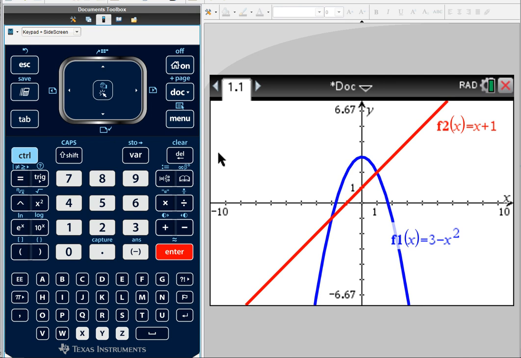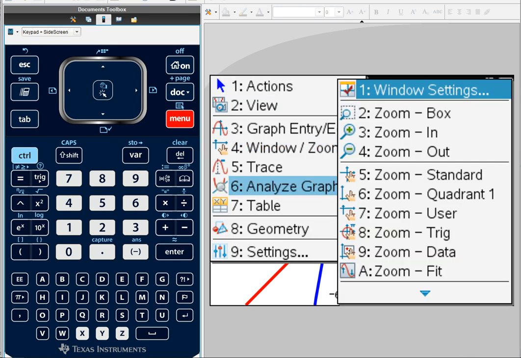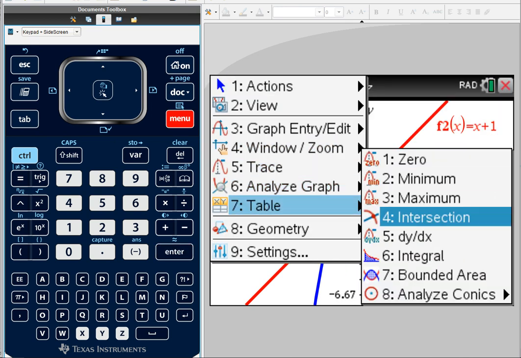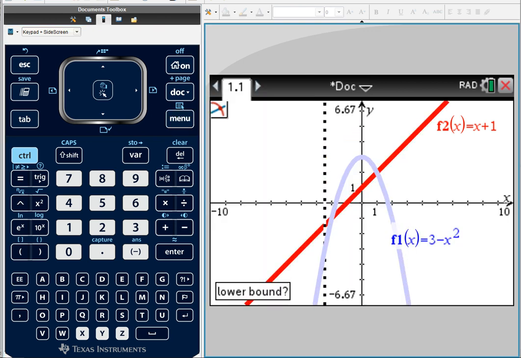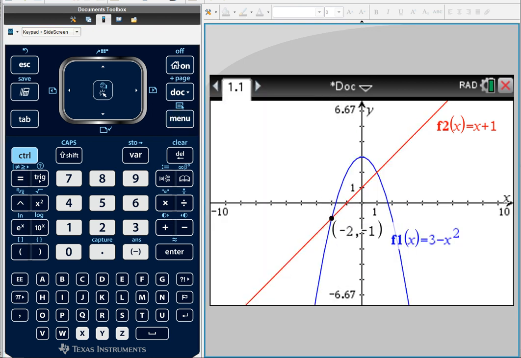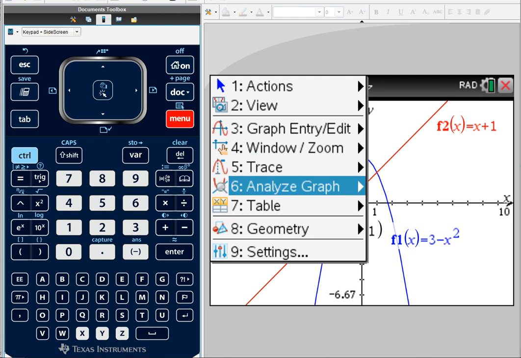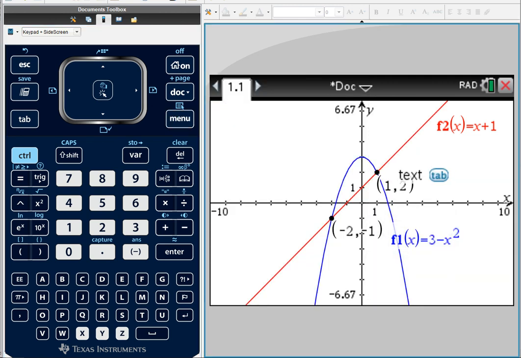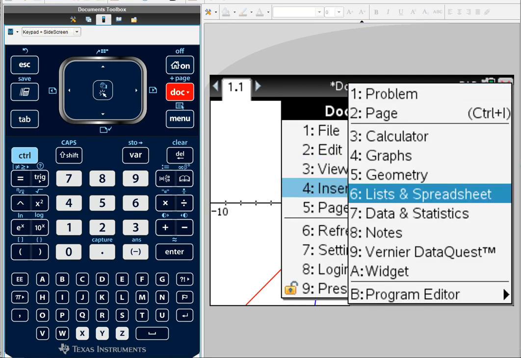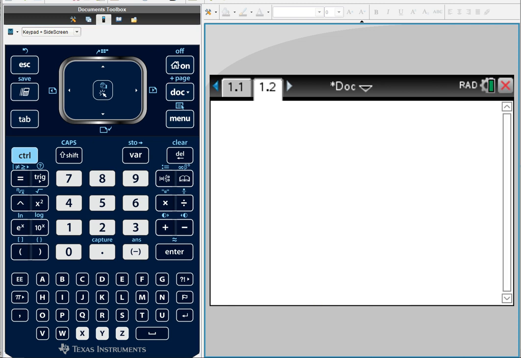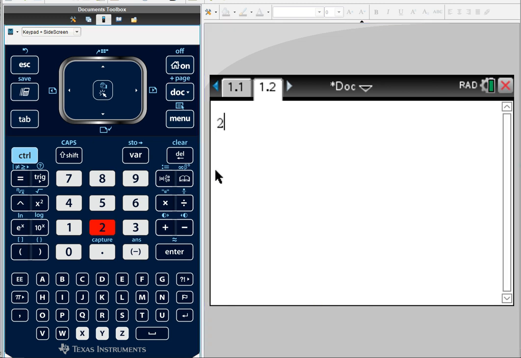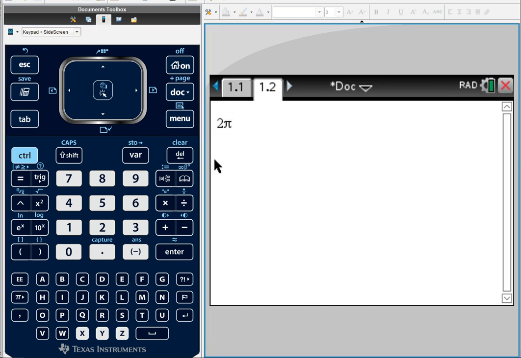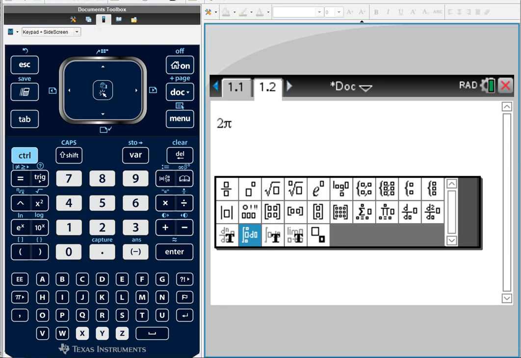And again, when you do the points of intersection, lower bound, upper bound, you get negative 2 there. Analyze graph, intersection, lower bound, upper bound, you get 1. So again, there's no need to store them. And then just go doc, insert calculator, and 2 pi on the outside. Integral from -2 to 1.